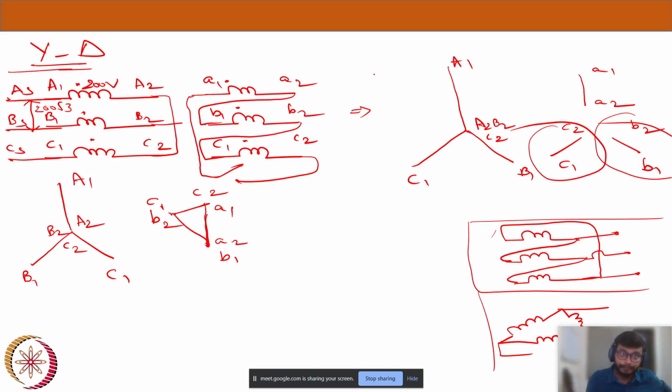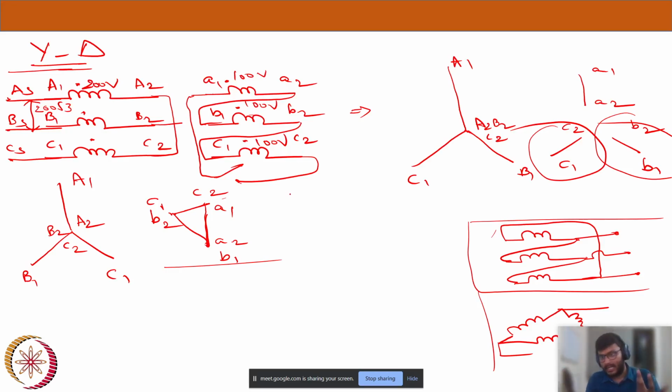So if you see, A1, A2, B1, B2, C1, C2 are three balanced voltages: 100 volts, 100 volts, and 100 volts. From the phasors, we have seen that all the secondary voltages are 120 degrees apart. When you take the sum of three balanced voltages which are 120 degrees apart, the sum will always be equal to 0.